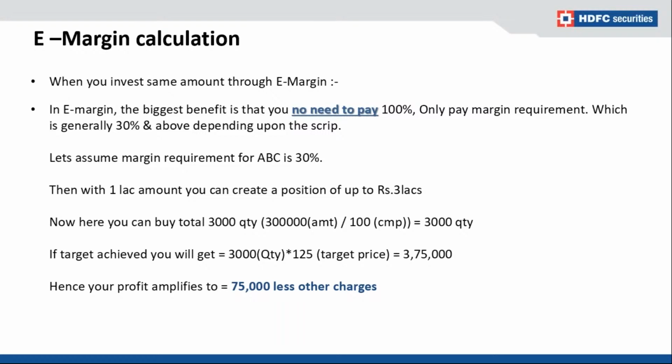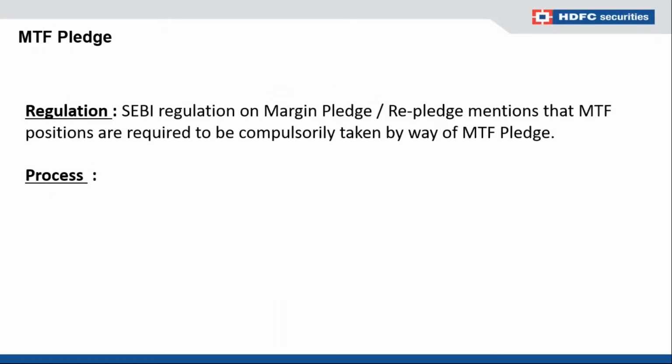Okay, next we will move to the MTF pledge. This is a very important factor. When you purchase particular shares, after T+2 days, we will discuss how the pledge process follows. Suppose you are purchasing on Monday, the pledge request link is generated from NSDL or CDSL on T+2 days.